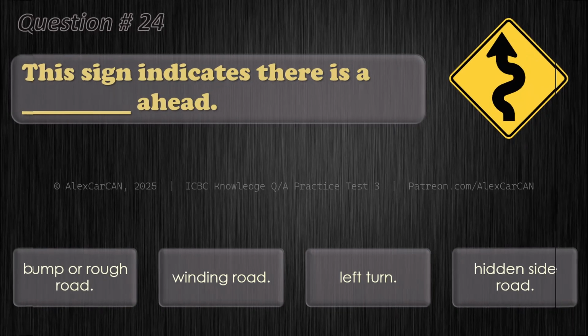Question number 24. This sign indicates there is ahead: bump or rough road, winding road, left turn, hidden side road. The correct answer is winding road.